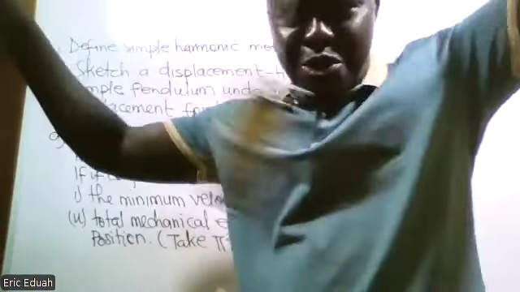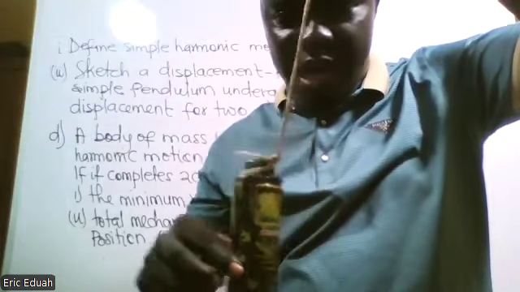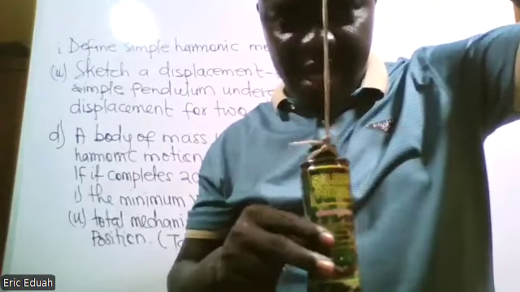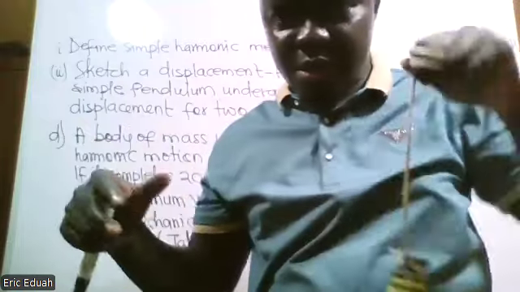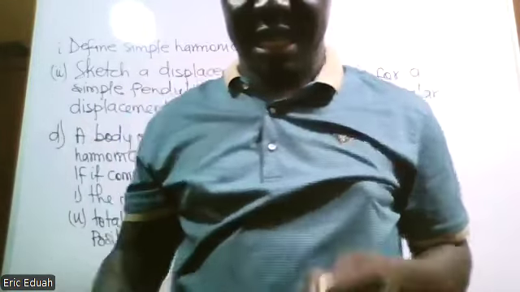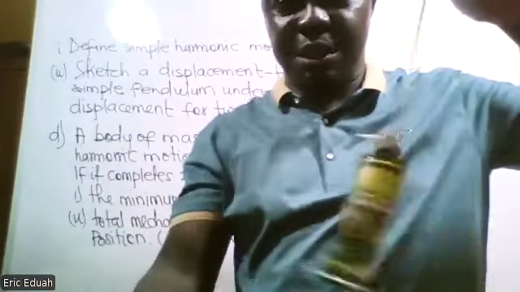We don't do this. Give it small angular displacement. And if all factors that would reduce its amplitude of oscillation aren't there, then the time taken for any complete oscillation will be the same.